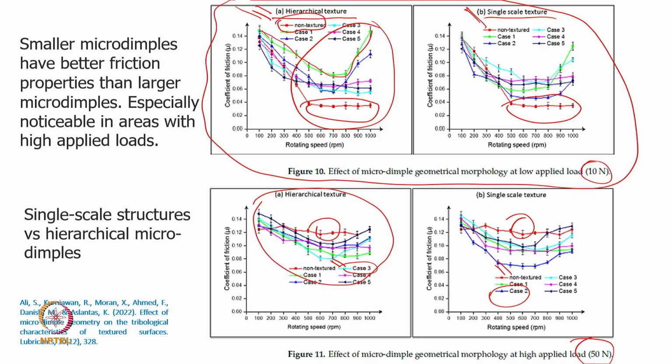So, it depends on what kind of performance. Of course, the data are not very large in number, so we can't conclude based on that, but one clear thing is that in the low load case, we should not think about texturing, but in the high load case we really require texture, where there is a possibility of starved lubrication.